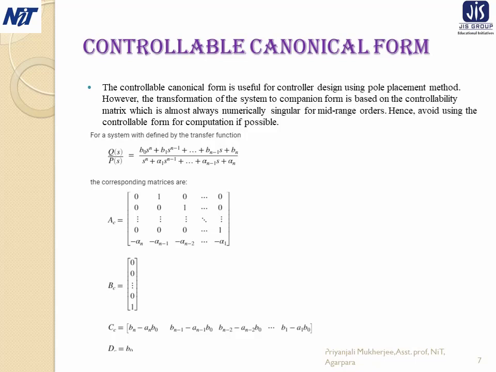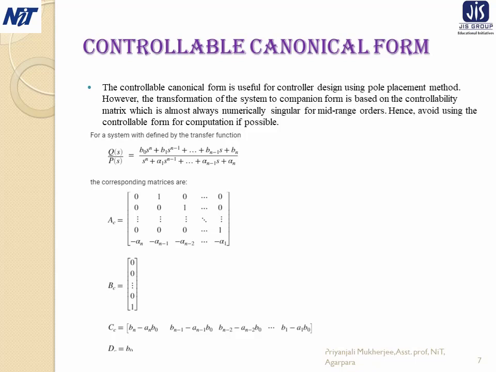Whereas from the output equation we can find, in standard vector matrix form, that B equals 0 0 up to 1, and C becomes Bn minus An B0, B(n minus 1) minus A(n minus 1) into B0, and so on.